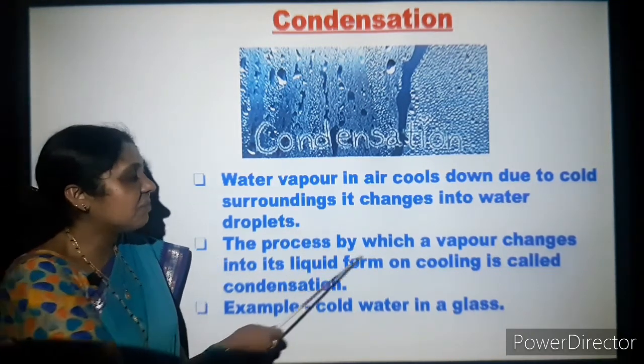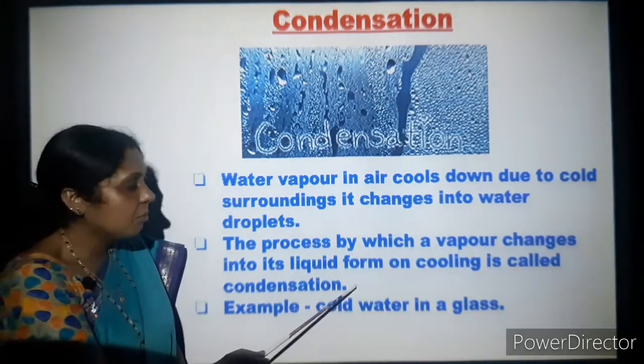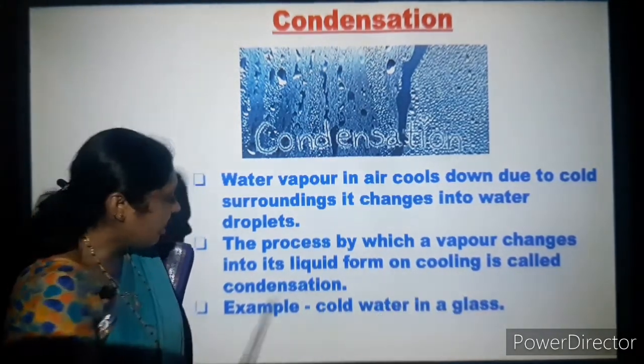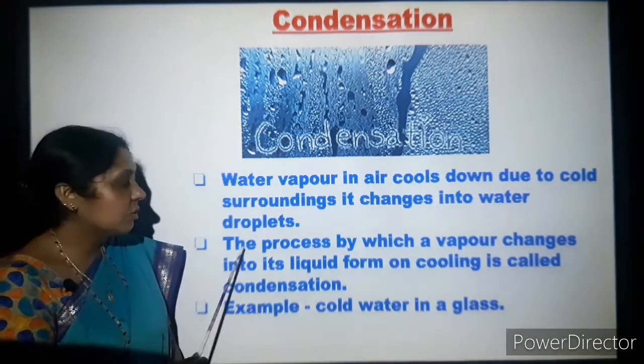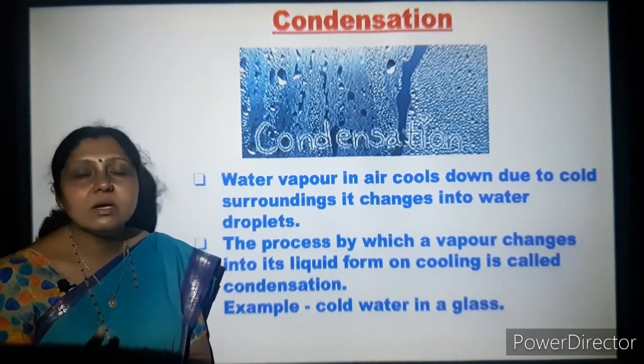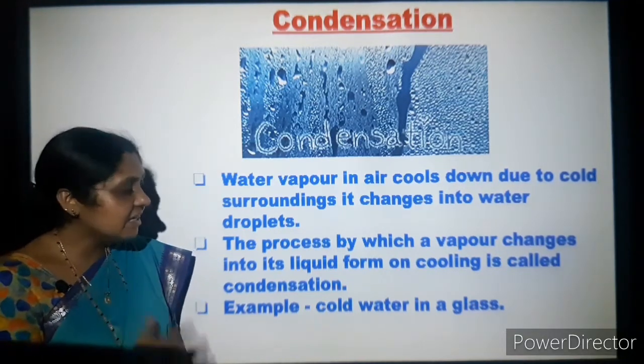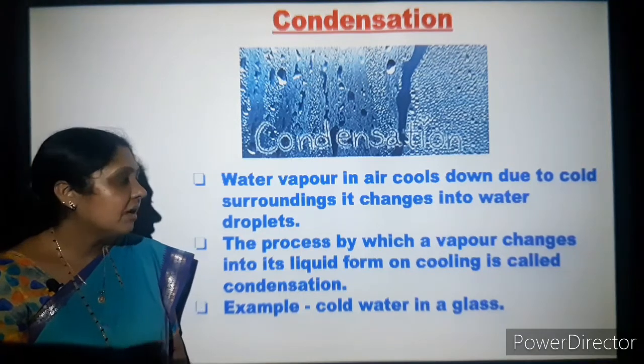The process by which a vapor changes into its liquid form on cooling is called condensation. So, the vapors in the environment or in the air change into the liquid form on cooling.